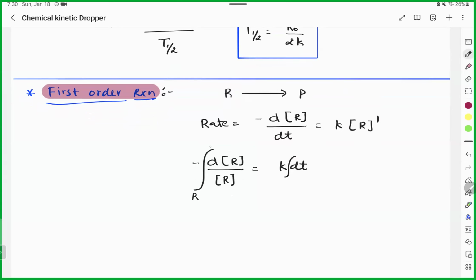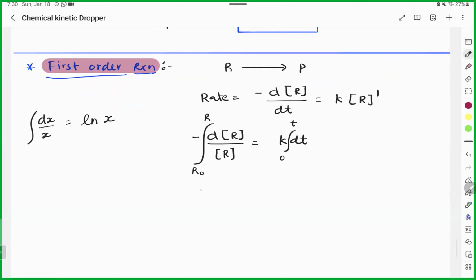from R naught to the final value R, and from 0 to t, if you integrate dx by x, what will be your integration? Natural log x, right? So it is the same here.